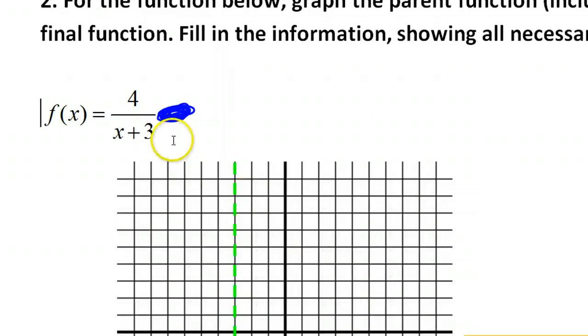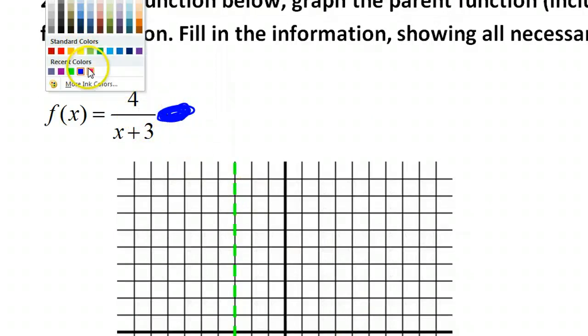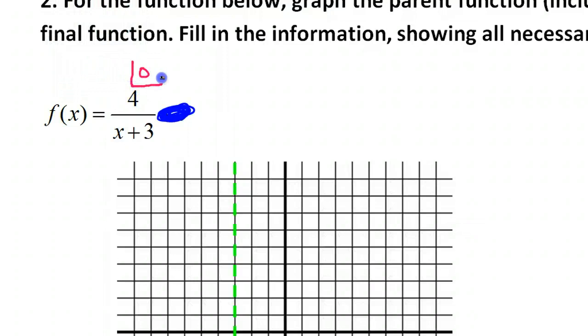Now, for this one, the degree of the numerator is 0, because there are 0 x's up here, or you could think of this as x to the 0 power. Now down here, this is like x to the 1 power. This is the degree of 1. There's 1x, whichever way you want to look at it.